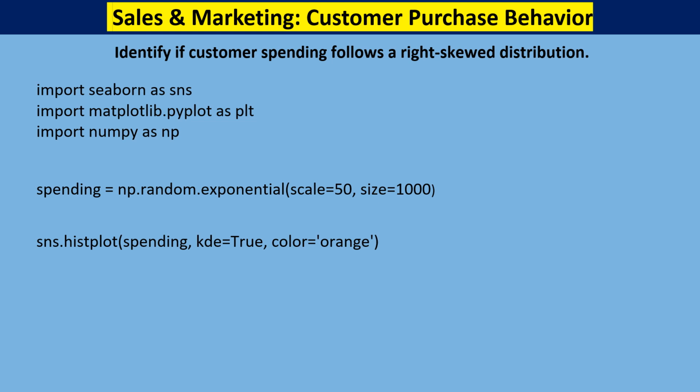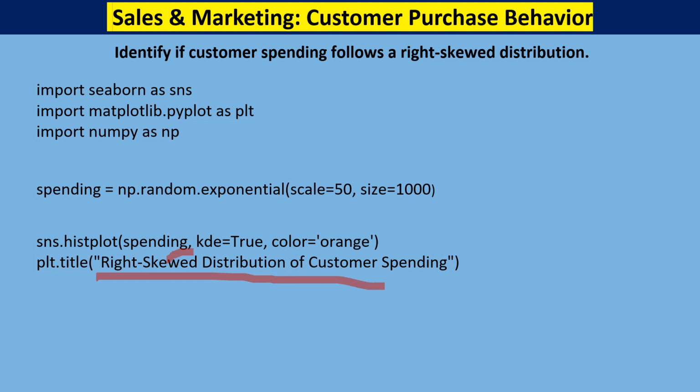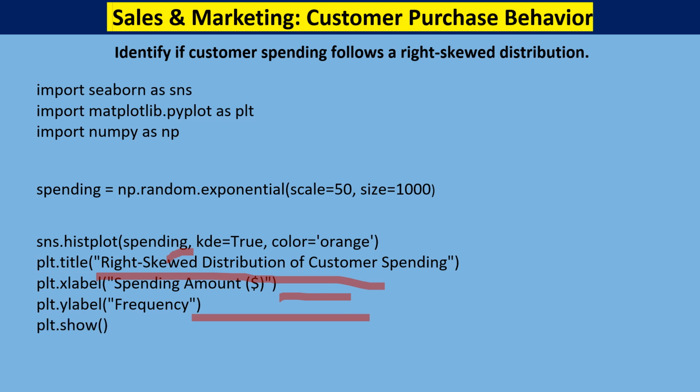KDE true adds the smooth density curve, and then we have the title of the plot, and then an x-axis label, and a y-axis label, and then we display the plot.